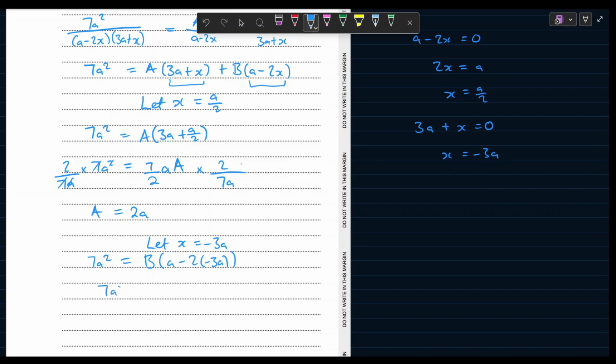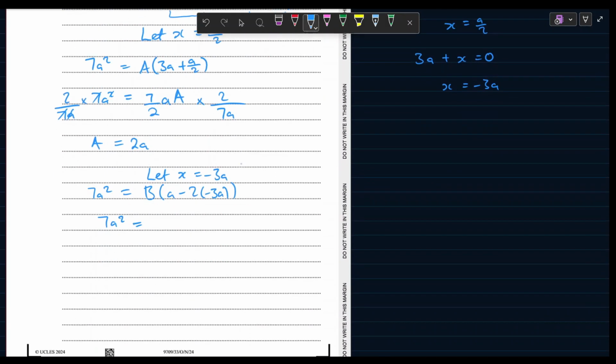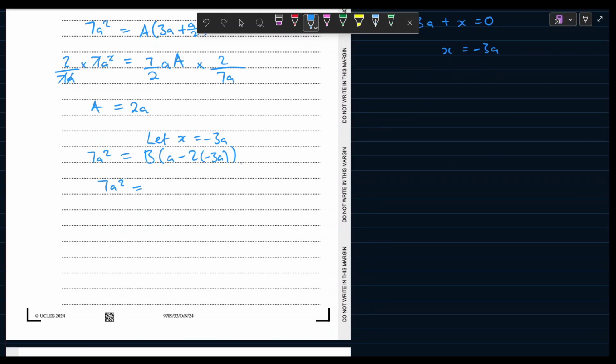So 7a squared is equal to B times, here I've got a minus 2 times minus 3a, that's positive 6a, so I've got 6a plus a, which is 7a, and we can divide both sides by 7a. We get that B is equal to just a.